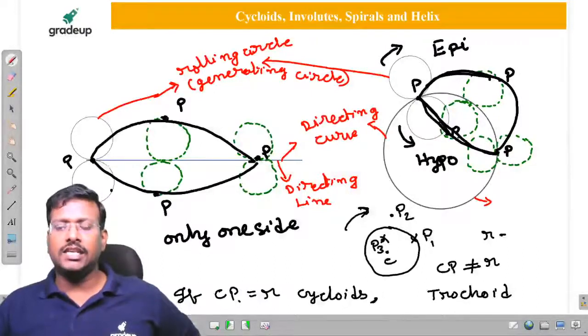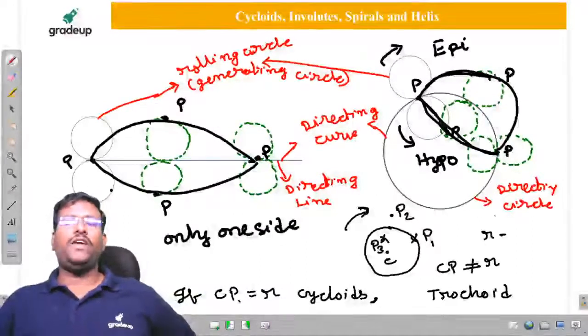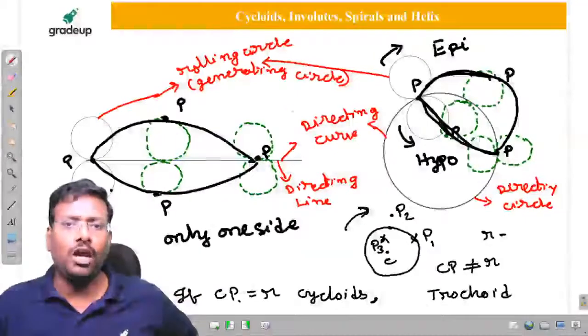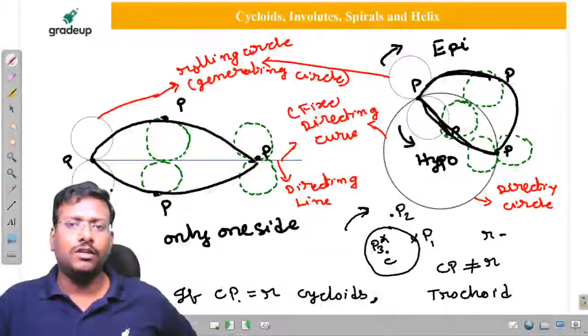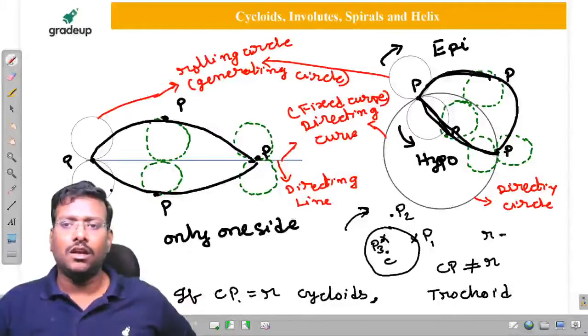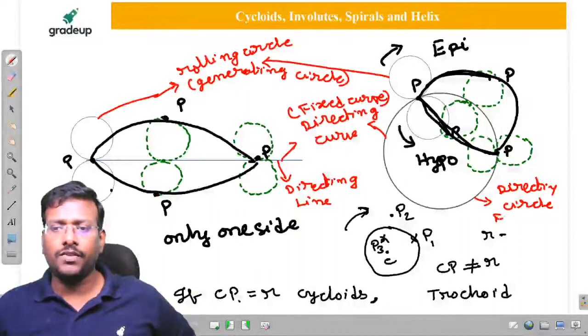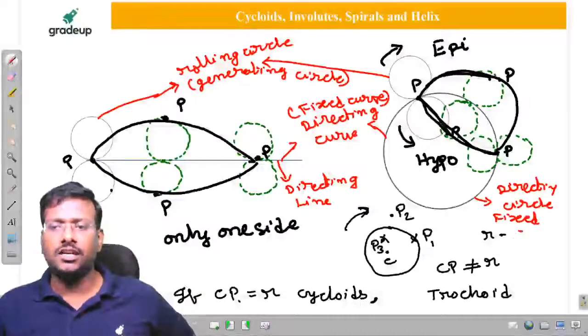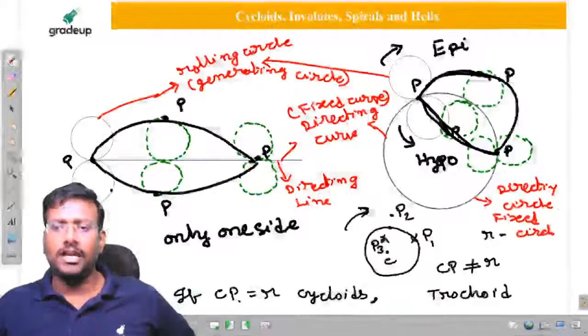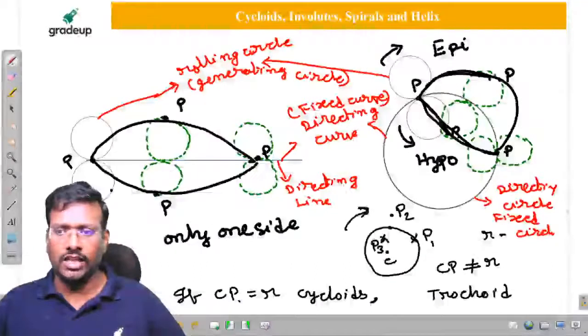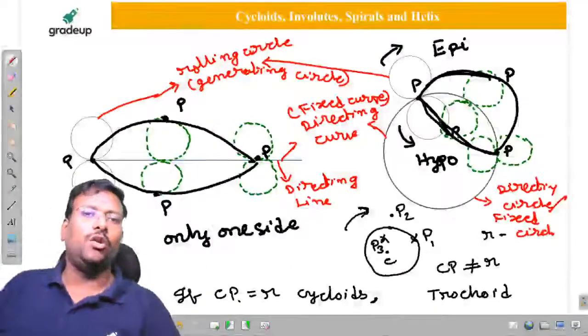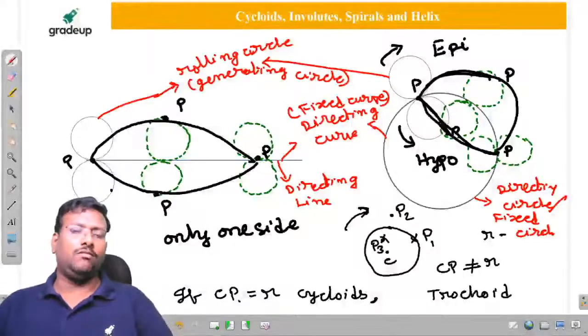Whereas in this case, it is called the directing circle, or fixed circle, because directing curve or fixed curve. So directing circle or fixed circle. These two are the words we are going to use for these. Is it clear? Rolling circle or generating circle.